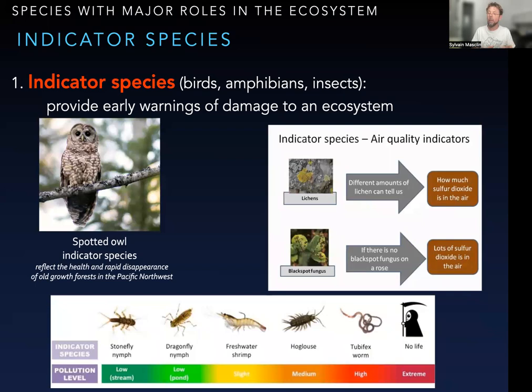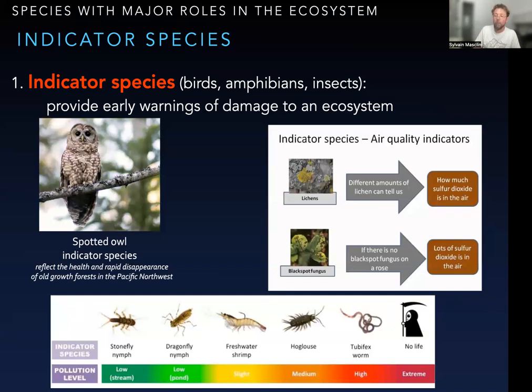So if we see a decline of a population, such as the spotted owl, it gives us the information that the ecosystem around it, the environment, is not doing well. If there is an increase of population, it might say that it's thriving, that it's going well. So we use those species, following the evolution of their populations, to have an idea of how they do and how the ecosystem does.